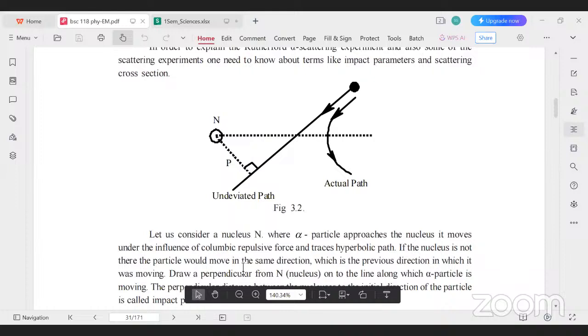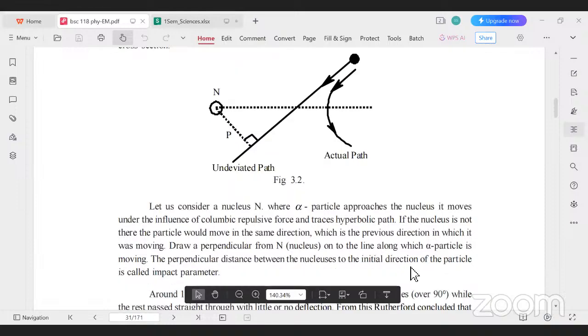Draw a perpendicular from the nucleus N on the line along which the alpha particle is moving. The perpendicular distance between the nucleus and the initial direction of the particle is called the impact parameter.